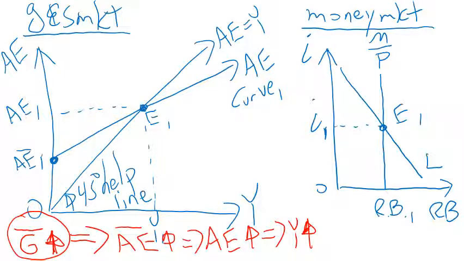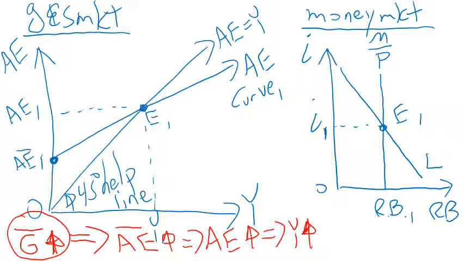Well, question is it a parallel or a non-parallel shift of the aggregate expenditure curve? The answer is it's a parallel shift of the aggregate expenditure curve because we're dealing with a change in an autonomous factor.